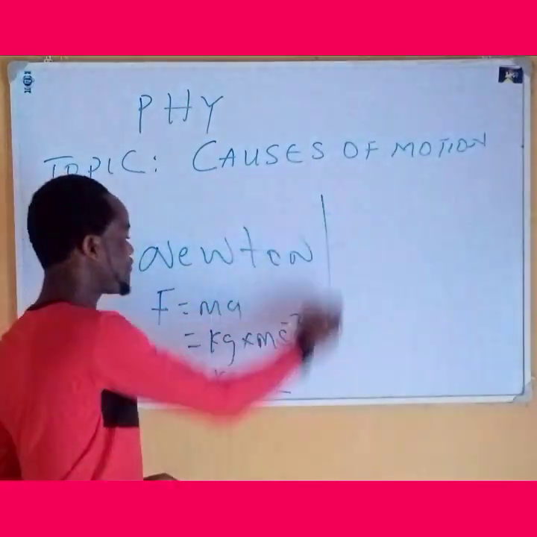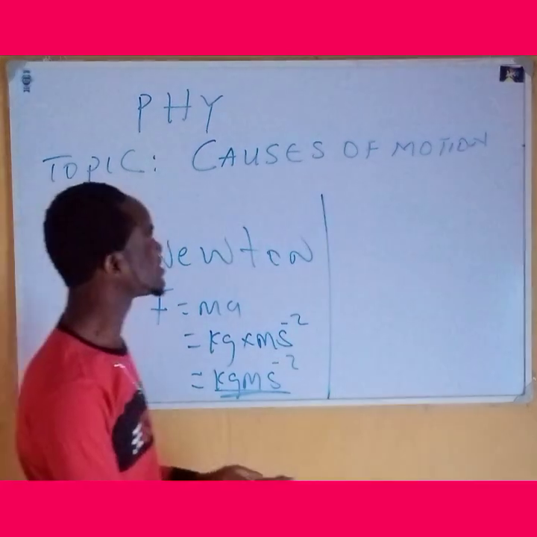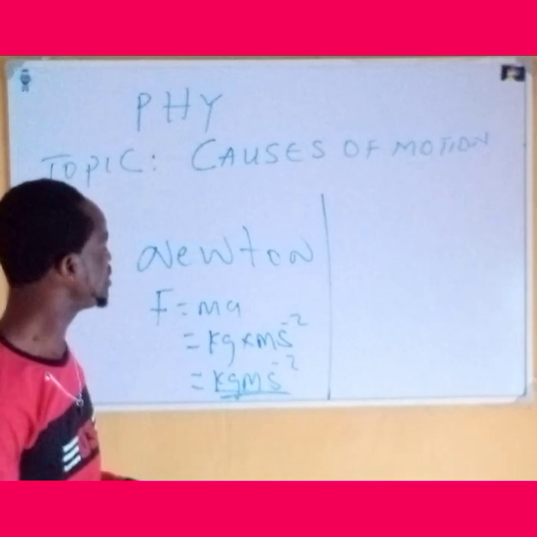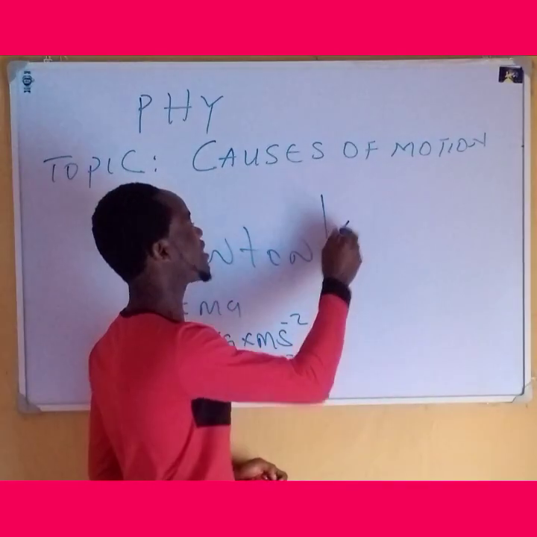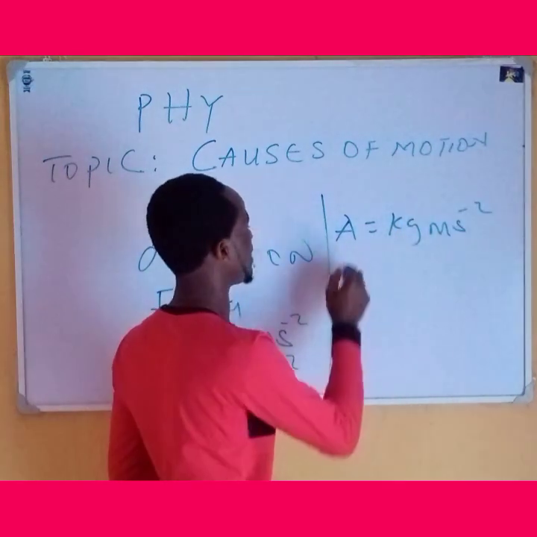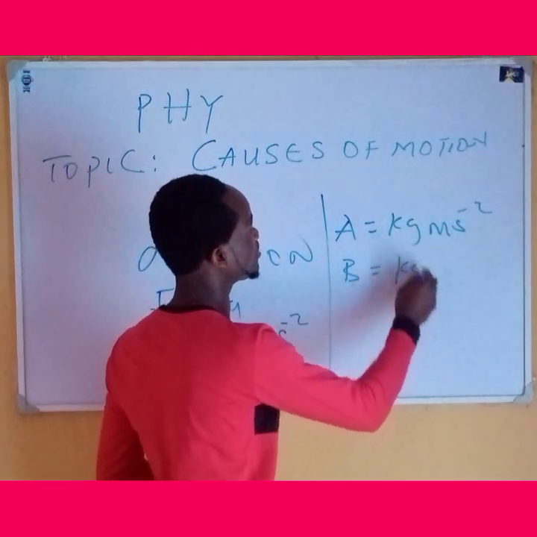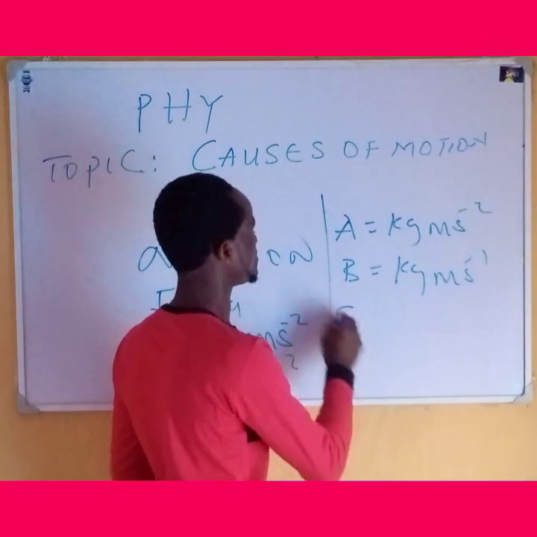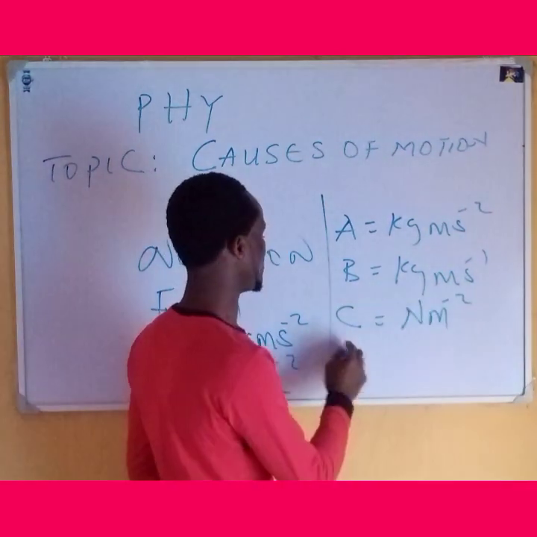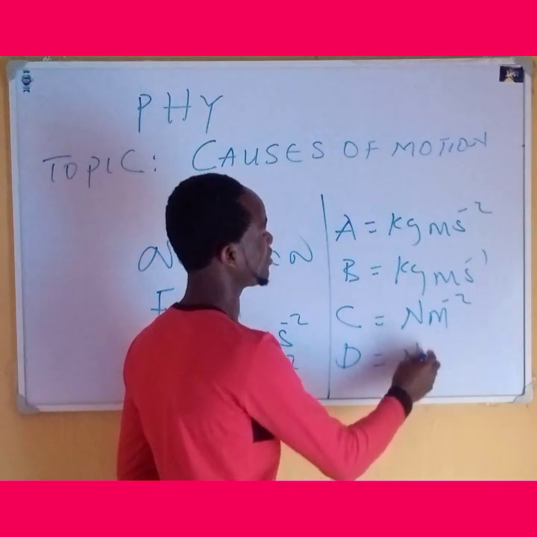Now for exam references, you can be asked which of the following units is equivalent to Newton. They can write option A, kilogram meter per second square, B, kilogram meter per second, C, Newton per meter square, D, Newton per meter.